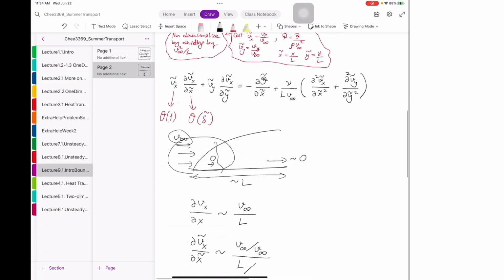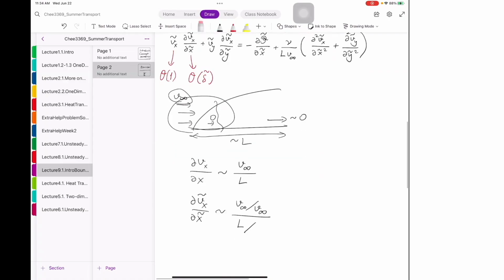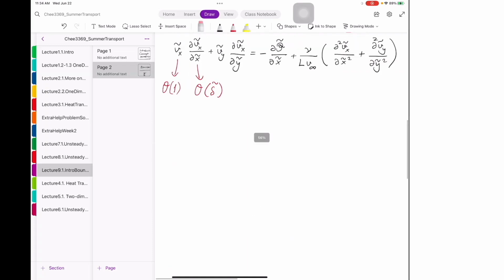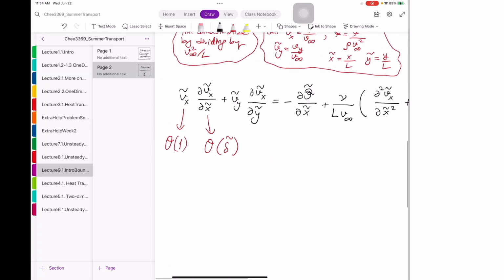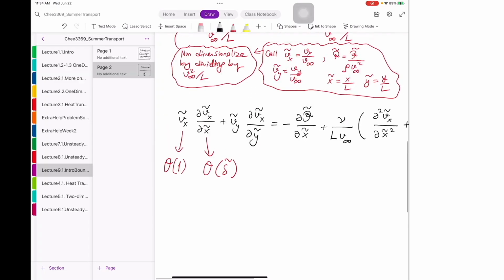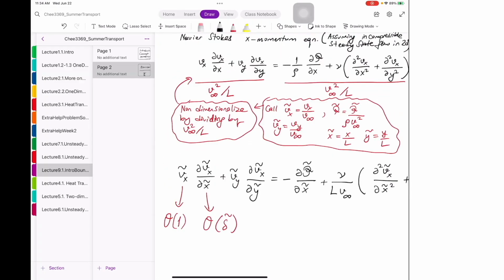Yeah, I guess that must be 1, right? So probably it's in the order of 1. So let's see. I'm doing something wrong here. It might be a good idea to go back to the original equation.